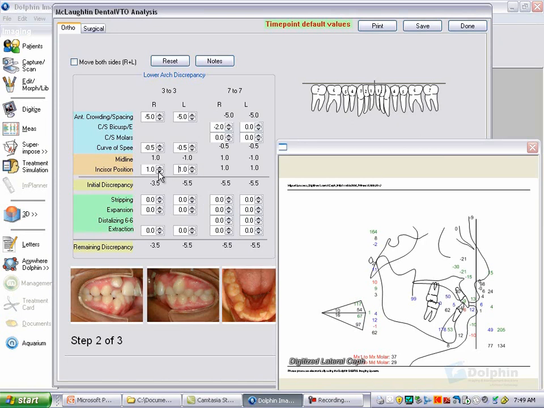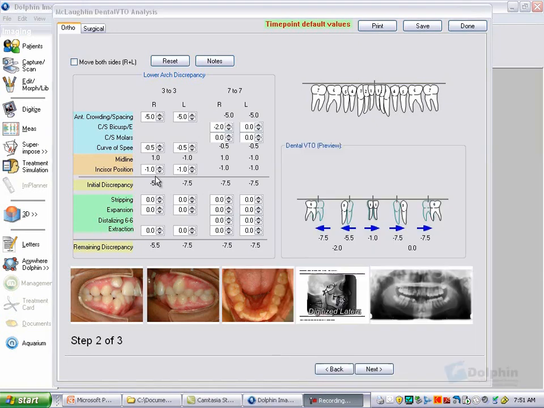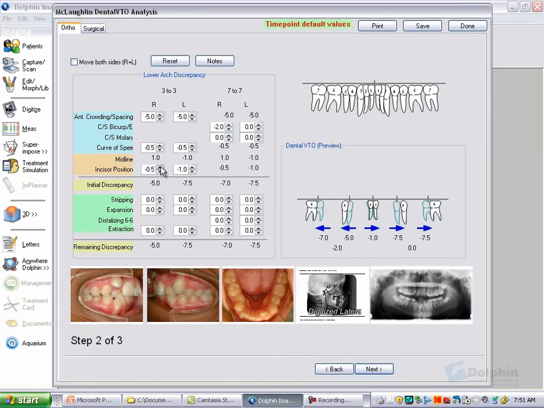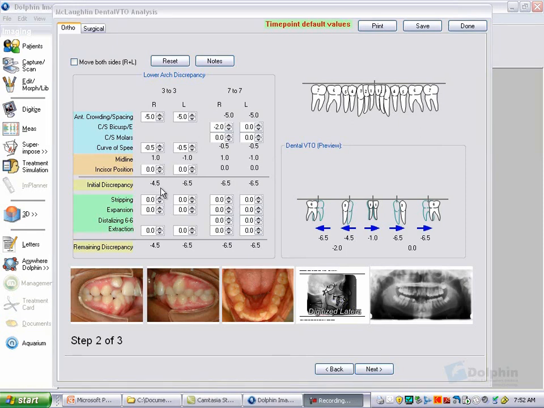If we were going to retract the lower incisors a millimeter, we would put a -1. And of course, this is all based on our facial evaluation, soft tissue evaluation, and our incisor position on our cephalometric X-rays. But in this particular situation, the incisors are in a very satisfactory position, so we're going to record incisor position as a 0.